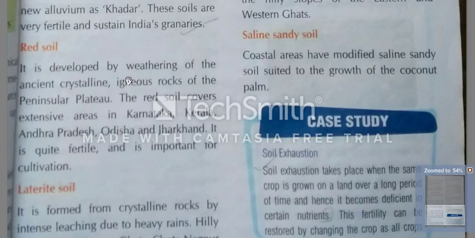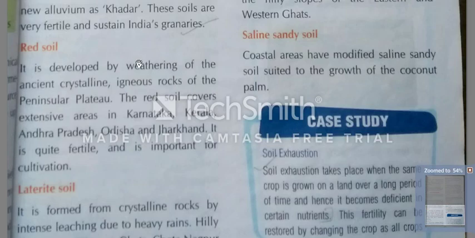Red soil is developed by weathering of the ancient crystalline igneous rocks of the Peninsular Plateau. The place they are talking about is the Peninsular Plateau, where igneous rocks are crystallized, meaning divided into small particles.